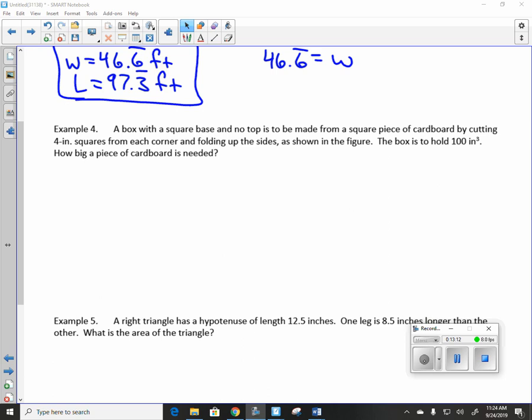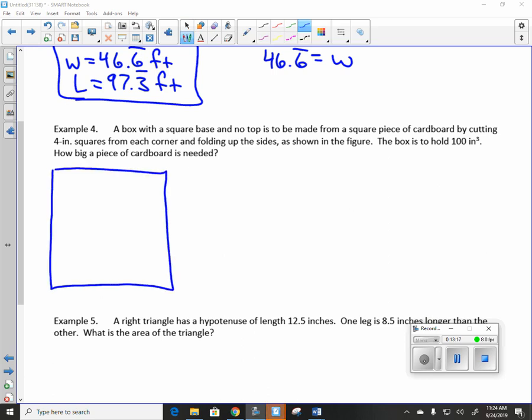All right, here we go. So, it's going to be made from a square piece of cardboard. We're going to cut these 4 inches off the side.